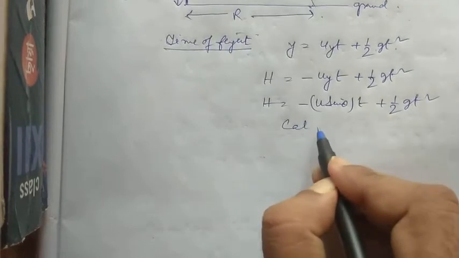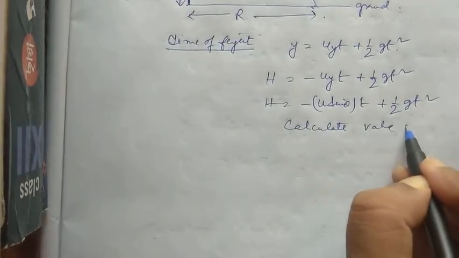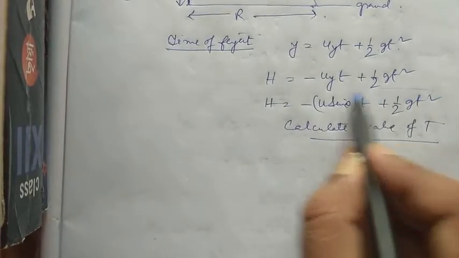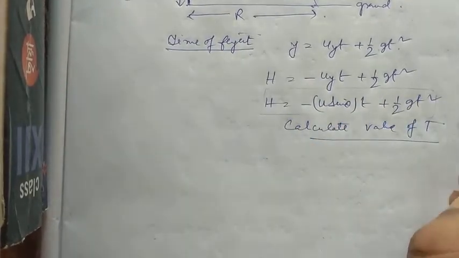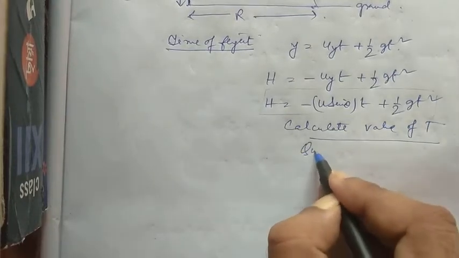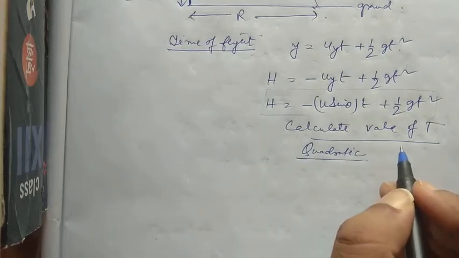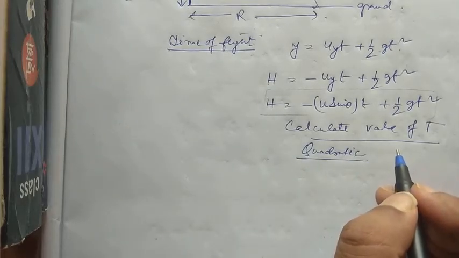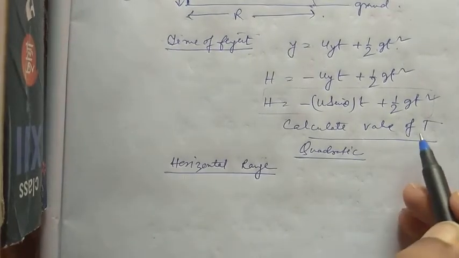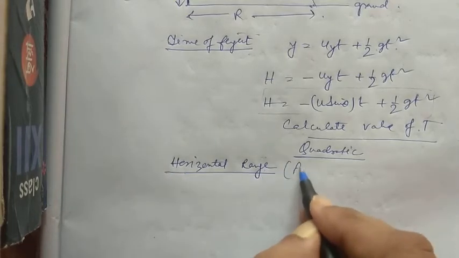Now we have to calculate the value of t. In this equation, when we try to find the value of t, it becomes a quadratic equation, and most of the time we have to use the Sridharacharya formula to find the value of t. After finding the value of t, we try to find the value of the horizontal range, that is r.